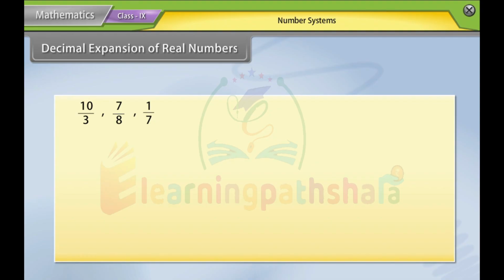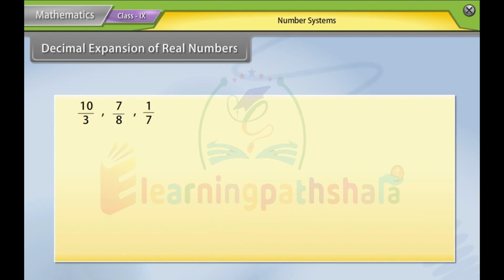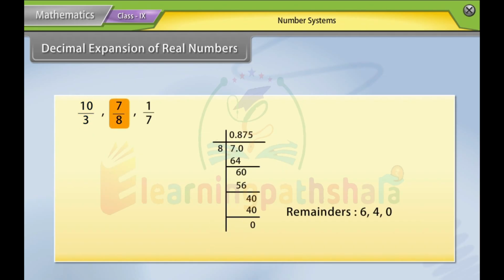Here we can see that on decimal expansion of 10 by 3, we get remainders 1, 1, 1, 1, 1. Similarly, the decimal expansion of 7 by 8 gives remainders 6, 4, 0.